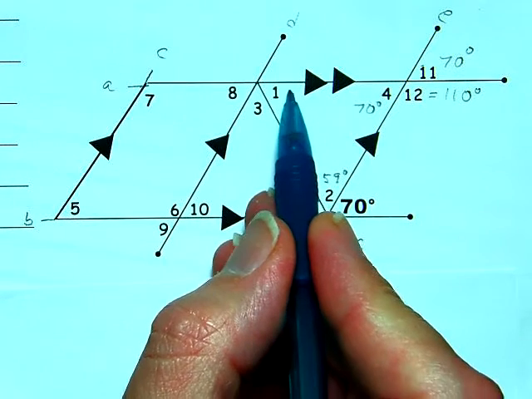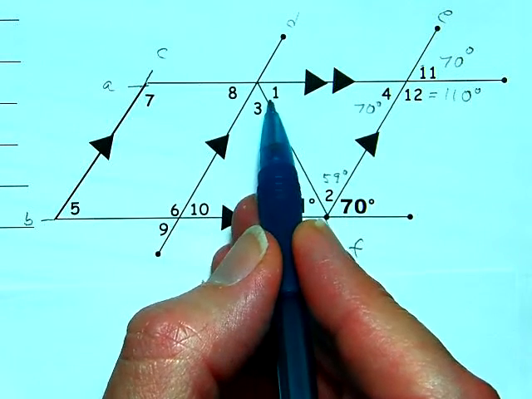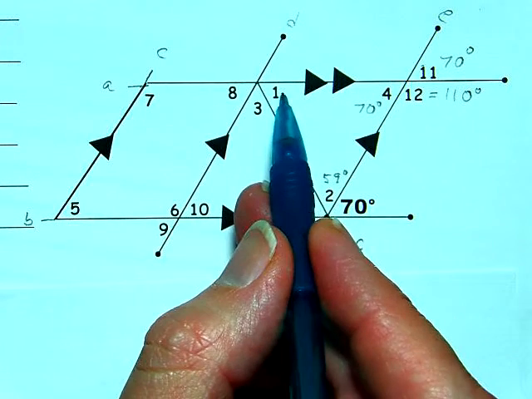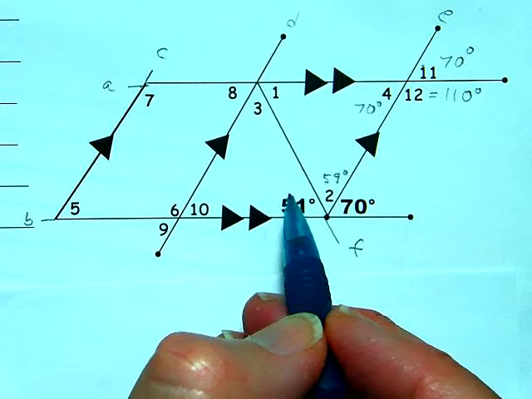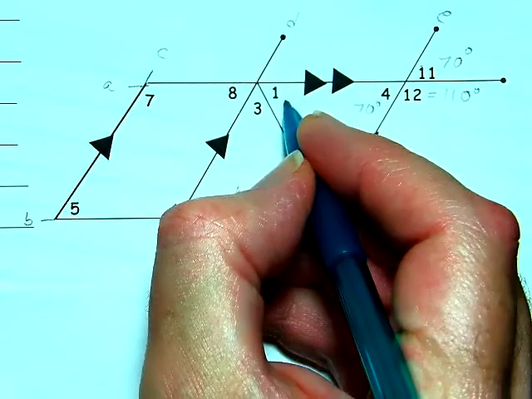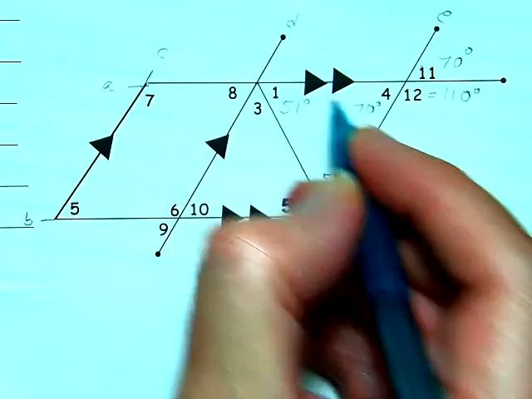Sure, angle 1, right? This angle over here. It is an alternate interior angle to angle 51. It's on opposite sides of F, but it's between the parallel lines. So it is also 51 degrees. We've got the measure of angle 1.